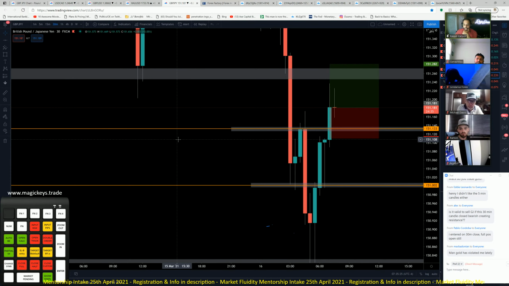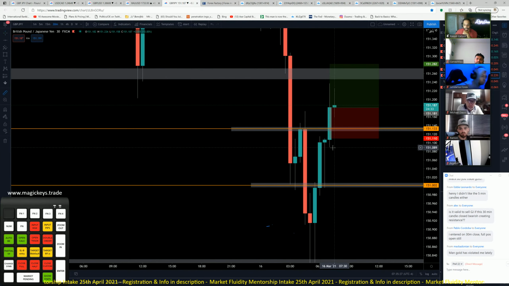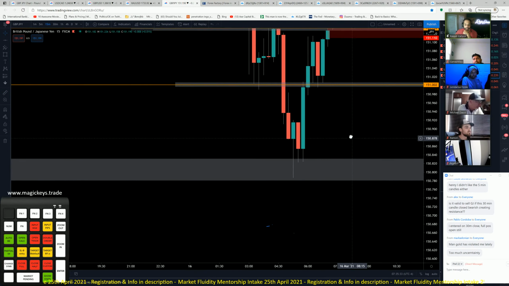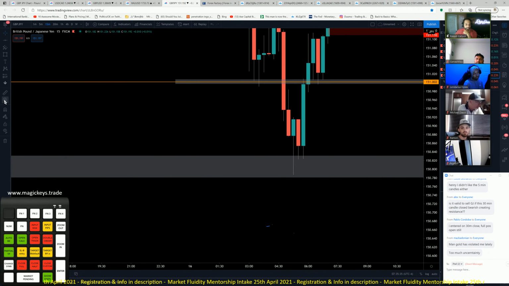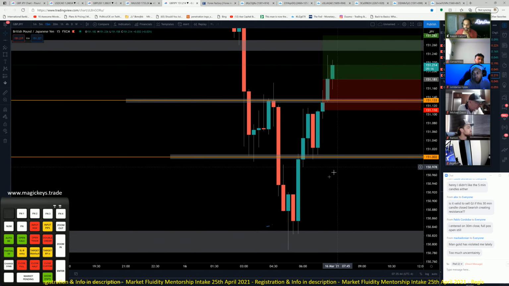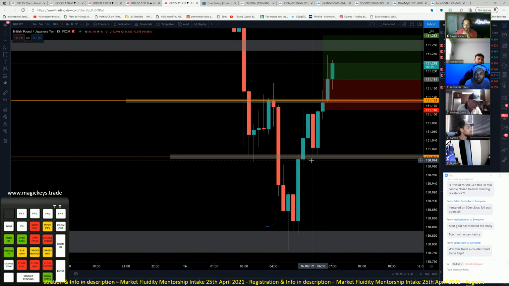That's the only issue. If you break below this area, then our range is like 8, 9 pips. So what I'm really looking at is maybe a break below 159.70 for sells, because then we got like a 15, 16 pip range. So that's what I'm looking at, a break below this area here.